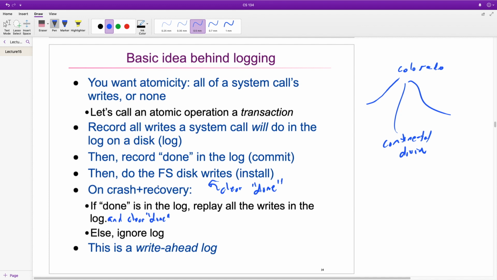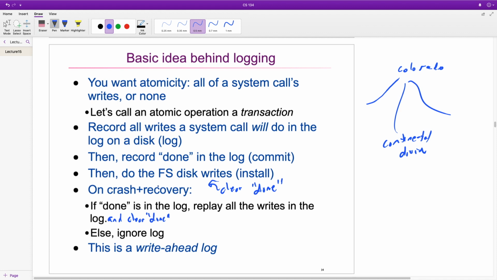So if we crash before the done, we know what happens. We just ignore it. If we crash after the done, but before any of the disk writes, then this crash recovery is going to copy all of the disk blocks. If we crash in the middle of these disk writes, then it's going to copy some that are already there and continue copying the rest, and then finish.